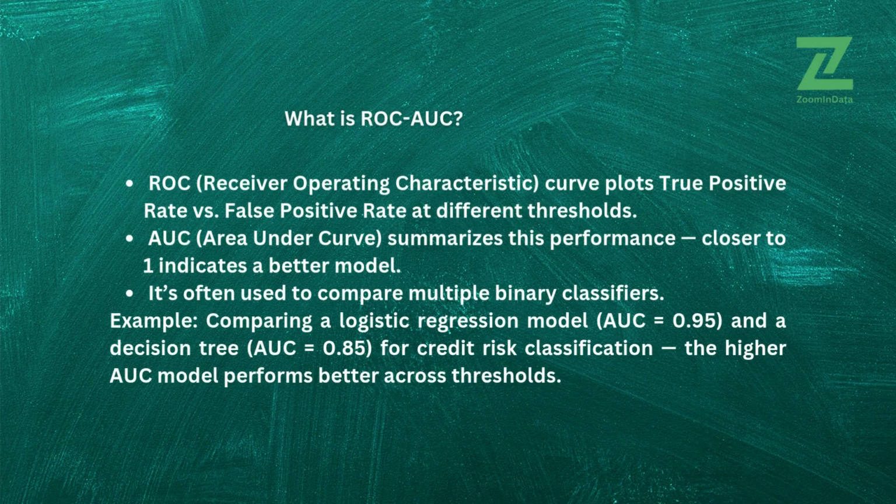It's often used to compare multiple binary classifiers. Example: comparing a logistic regression model, AUC equals 0.95, and a decision tree, AUC equals 0.85, for credit risk classification. The higher AUC model performs better across thresholds.